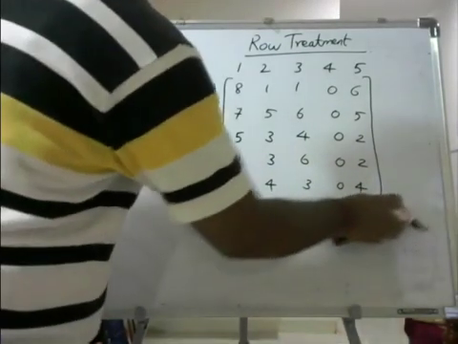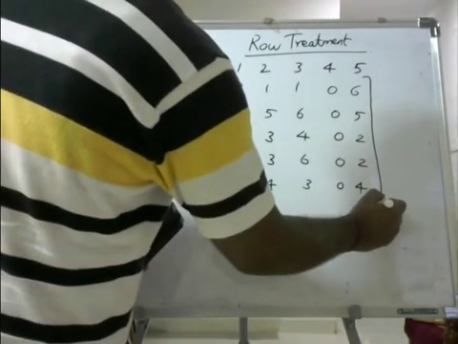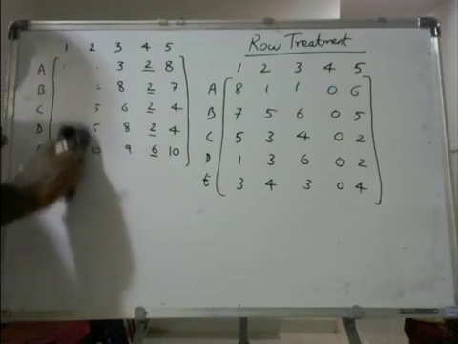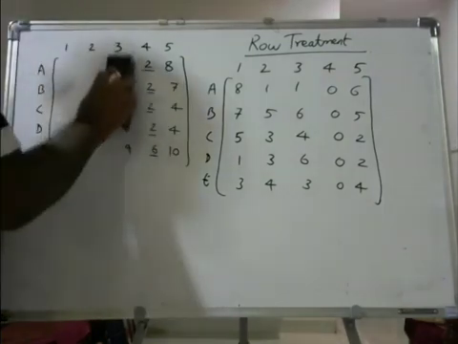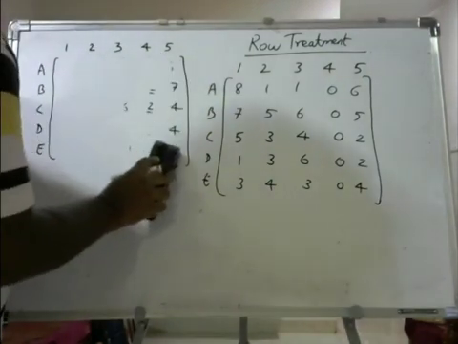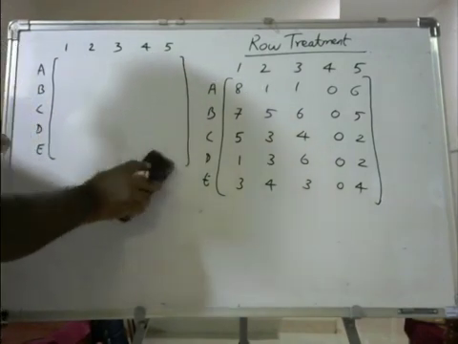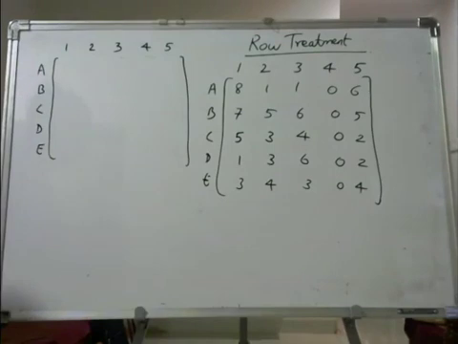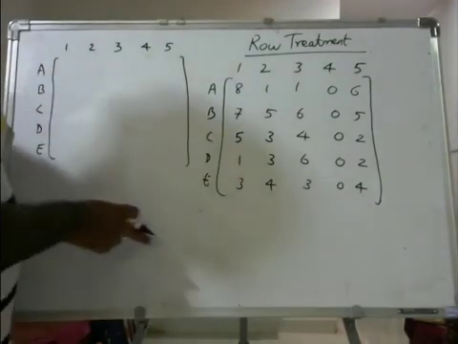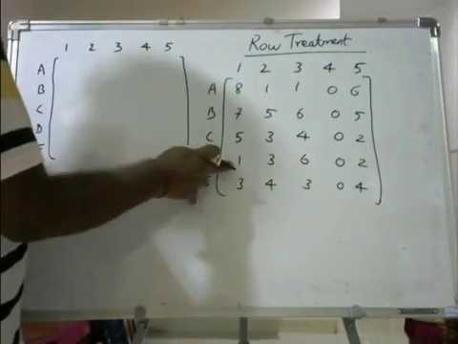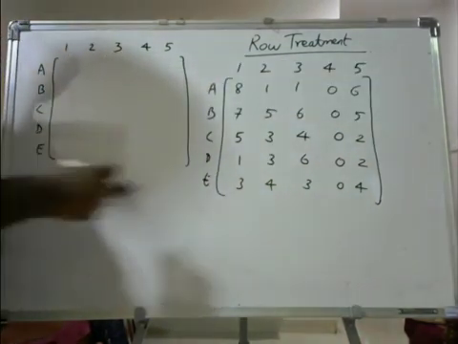Once you do the row treatment, you go to the next step, the column treatment. How do we do the column treatment? In the same way as the row treatment, we scan each of the columns, find the least number, and subtract it from all the elements.